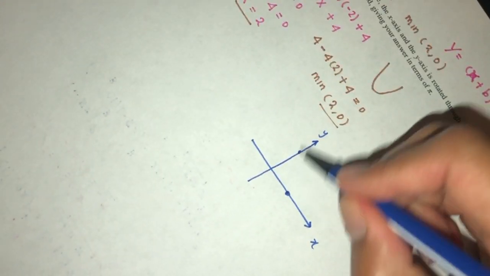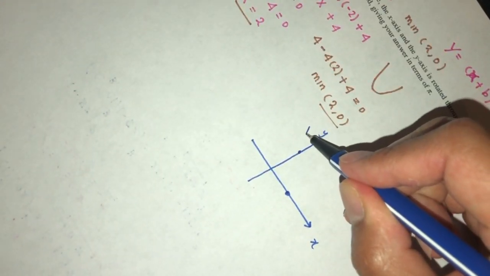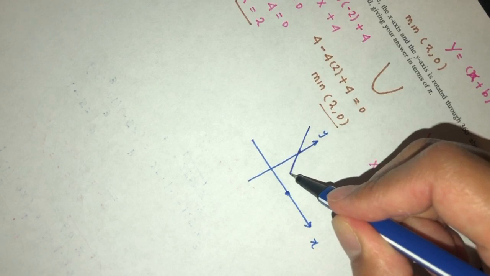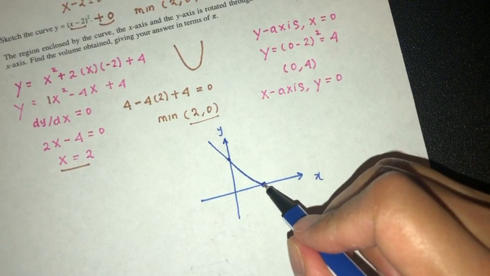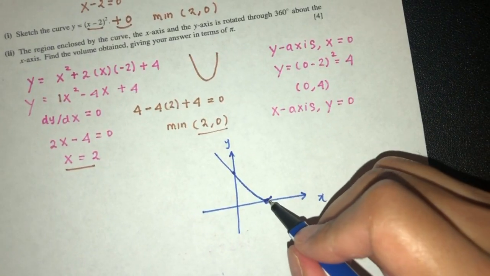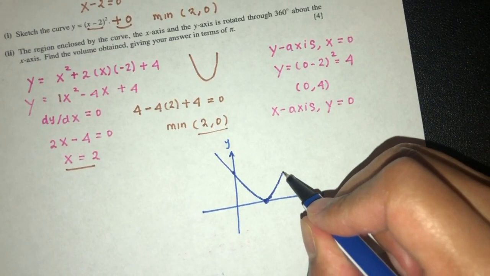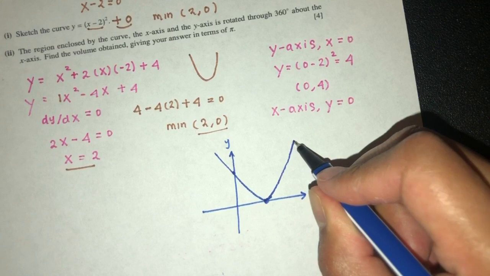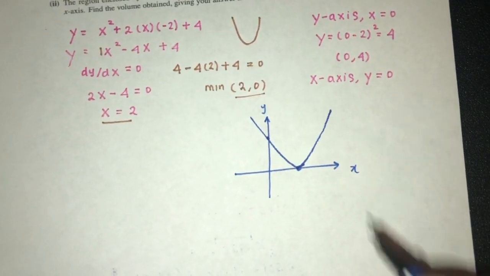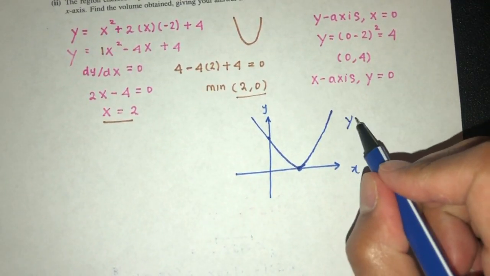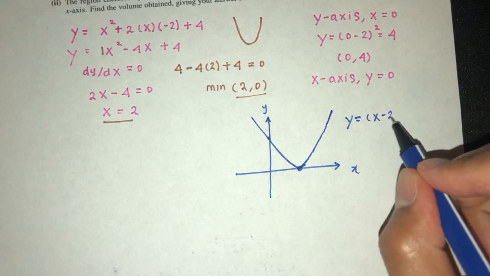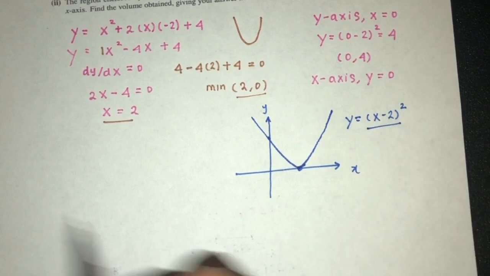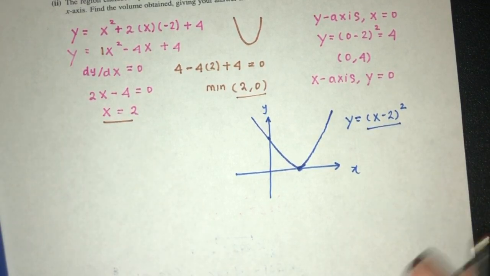We know this should be the minimum point. So we have to try to make it somewhat symmetric, if you can. Alright. Okay, so that will be somewhat the shape of your curve. That will be y = (x - 2)². That will be part 1 of your question.